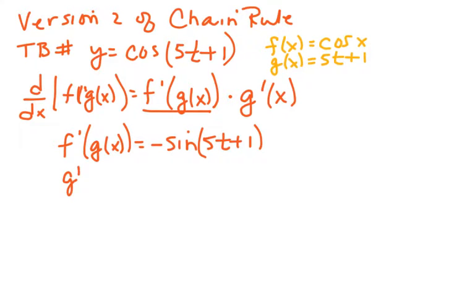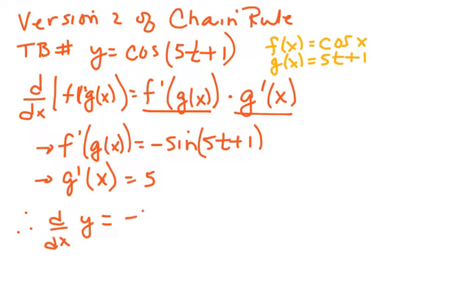Your second piece is the derivative of the inner function, and the derivative of 5t plus 1 with respect to t is simply 5. So the answer here is this times this, right? So the derivative of y, which is a composite function, is negative 5 sine of 5t plus 1.